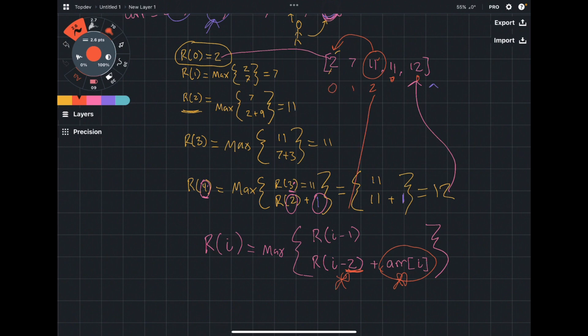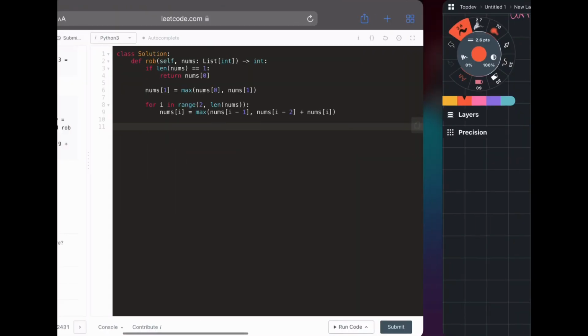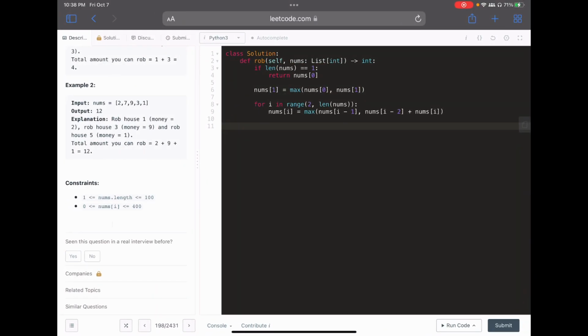So the 2 would be our i, and then we would subtract 2 minus 2, which would be 0. So we would be looking at this guy right there. And so we're good because we're never going to be out of bounds, since we're starting at 2 right here.